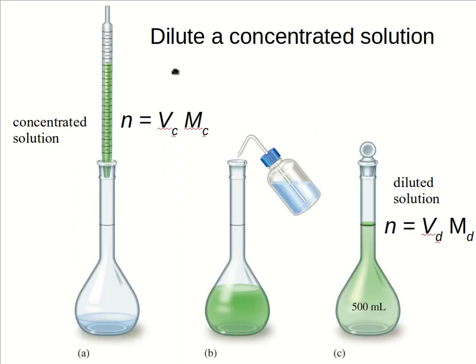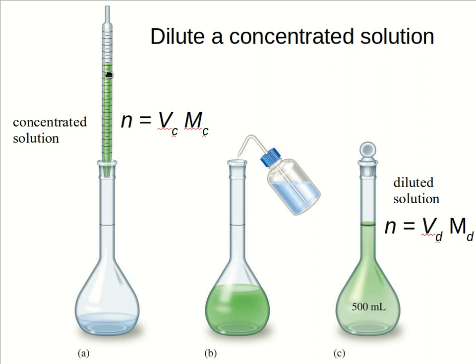Okay, here's the artist's perception of what happens. I'm starting with an empty volumetric flask, or one just filled with a little bit of water, it doesn't matter really, and I'm taking some concentrated solution out of a stock bottle.